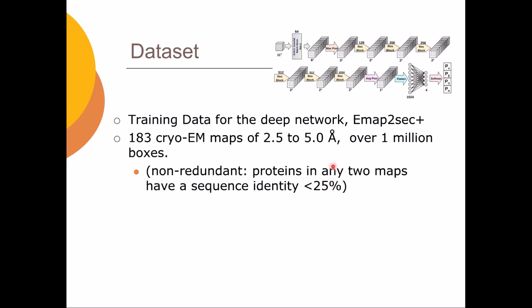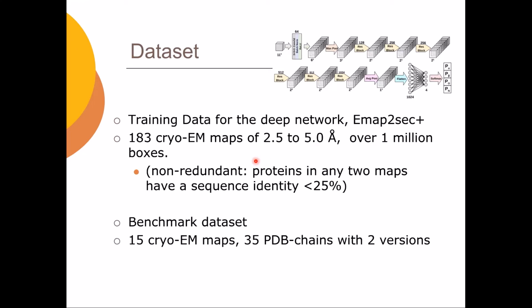For deep learning, it's very critical to make a non-redundant data set, because deep learning is powerful enough to learn everything from the training set. And if you apply it to a similar test set, you get very good results, but it's not generalized enough.